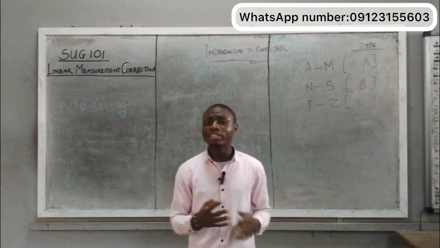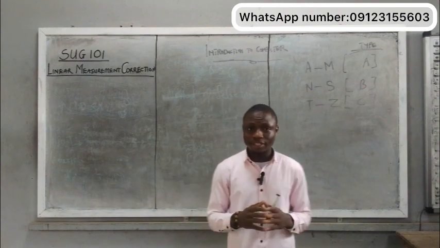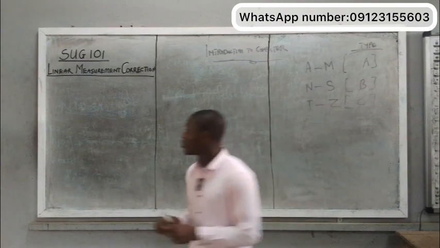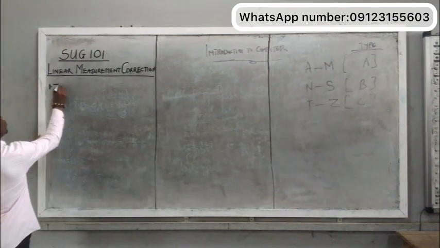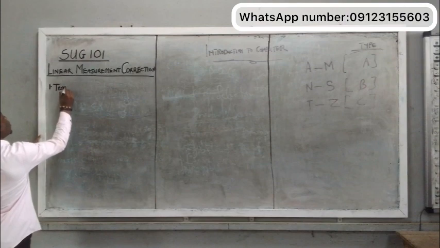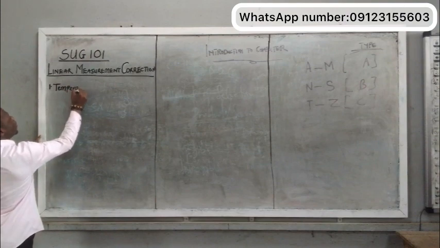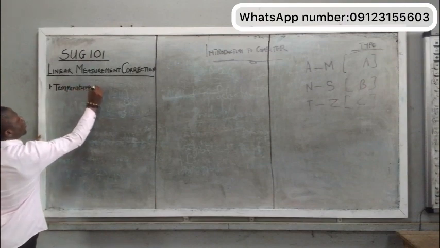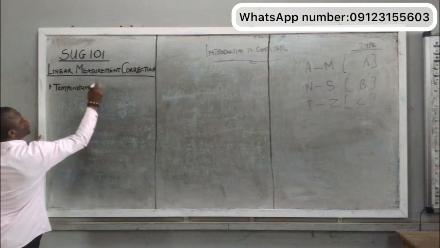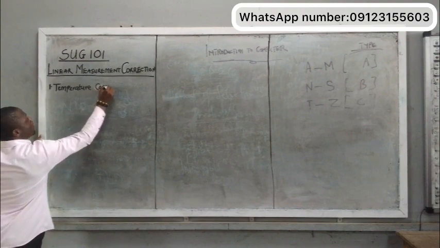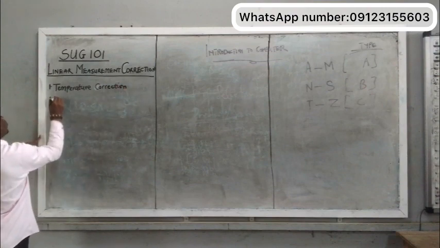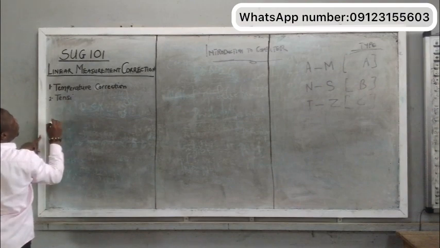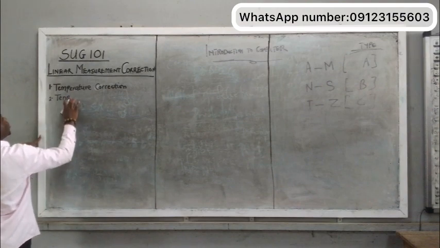There are 4 ways of correcting these mistakes. Number one, we have the temperature correction. Number 2, we have the tensile correction.